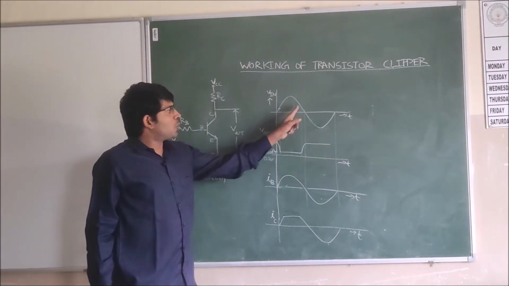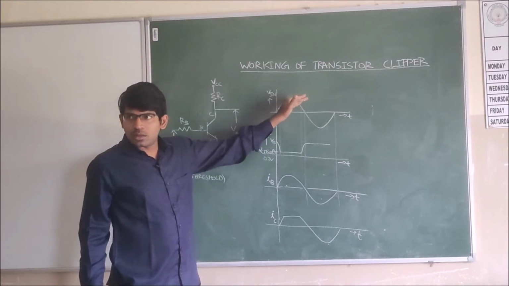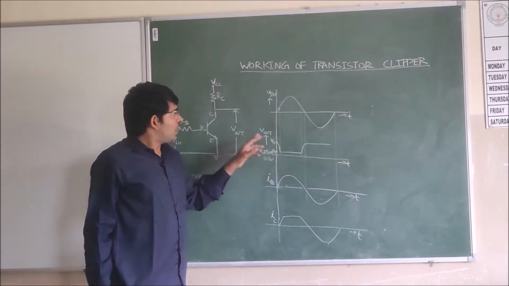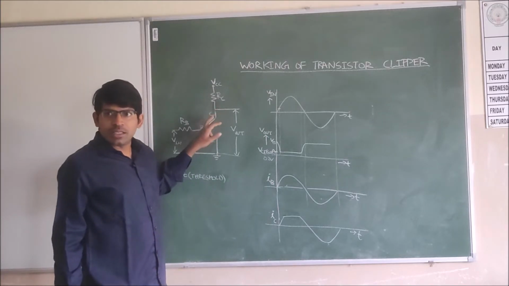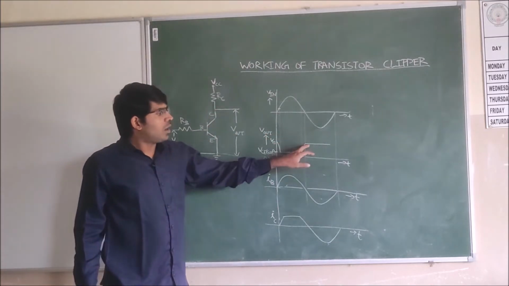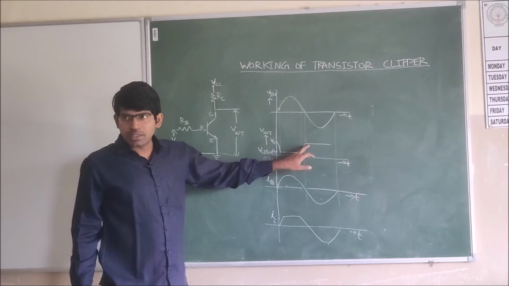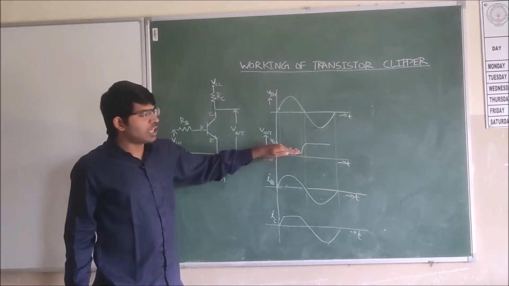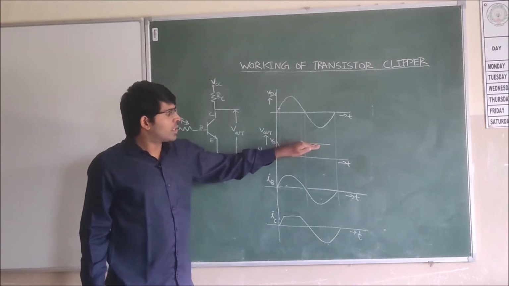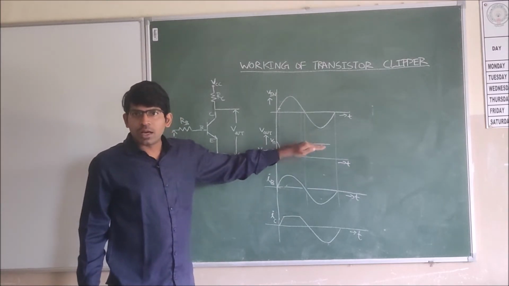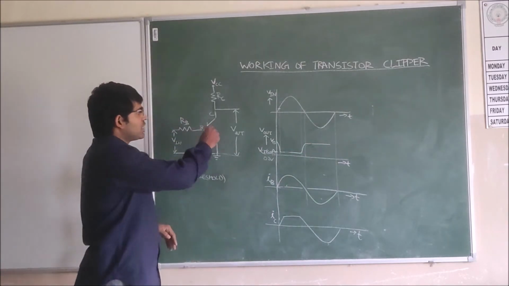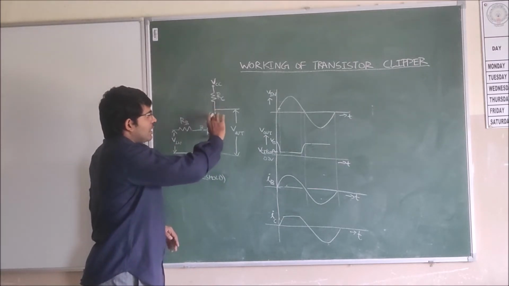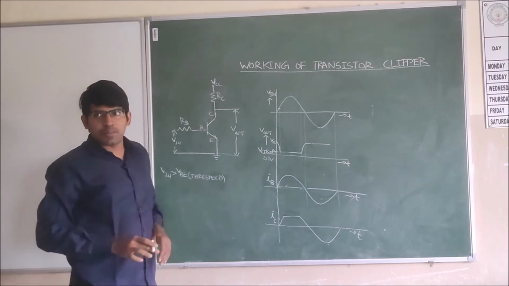When the input voltage falls again below the base threshold voltage, this transistor becomes an off switch because it enters the cutoff region. Here it is in the saturation region. Now the transistor is entering the cutoff region and acts like an off switch. At the collector, the transistor is disconnected.